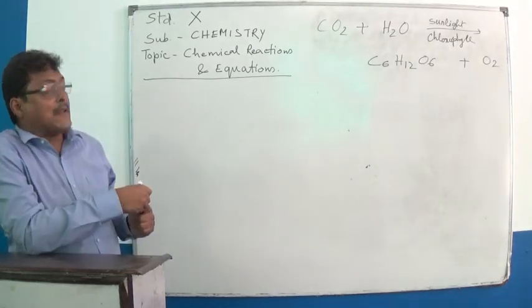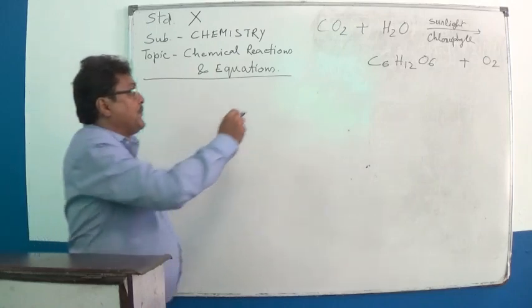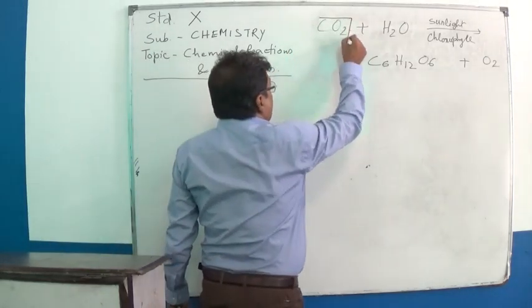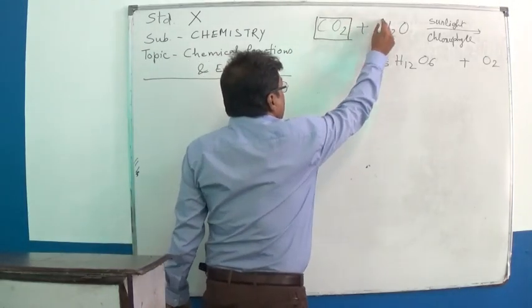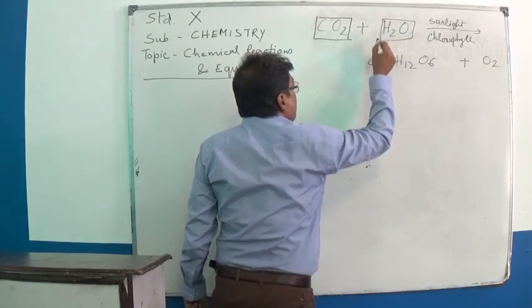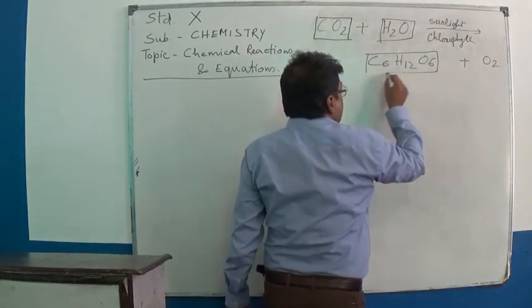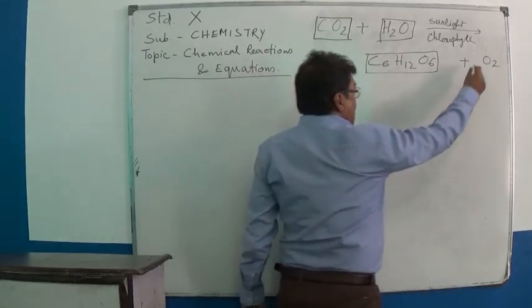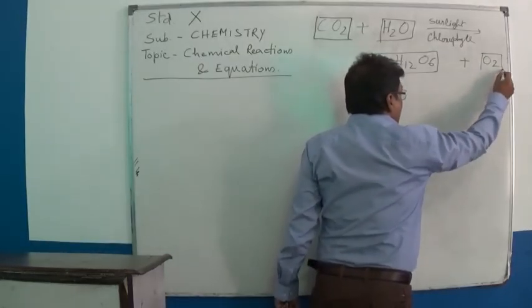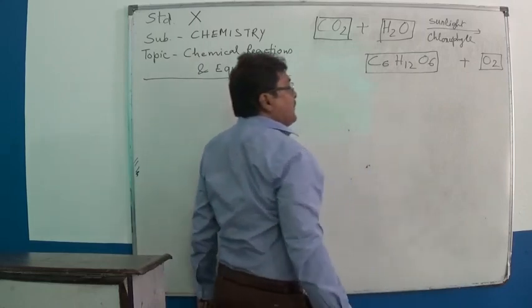Let's try to balance this equation. Let's bracket all the identities so that we remember the coefficient multiplies the number of all the atoms inside this bracket.